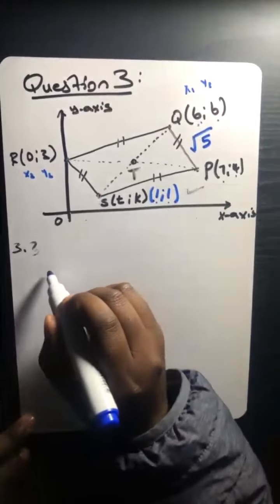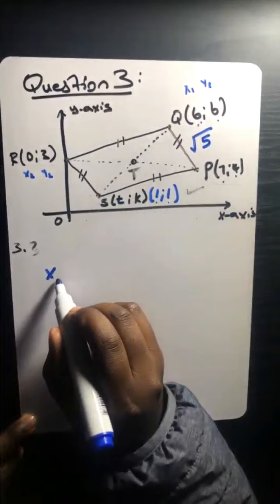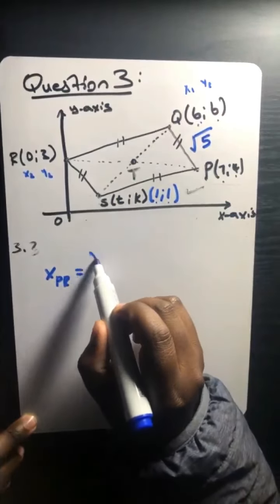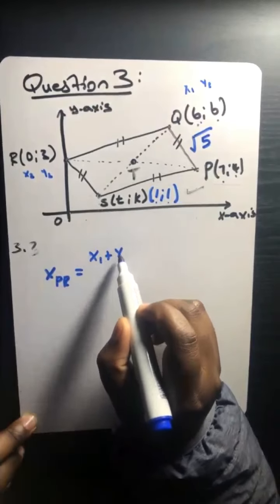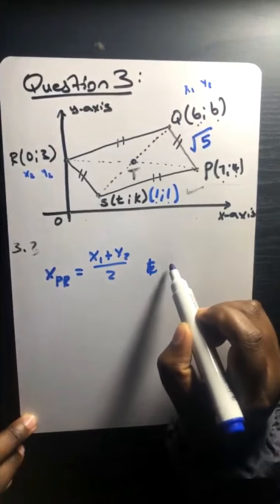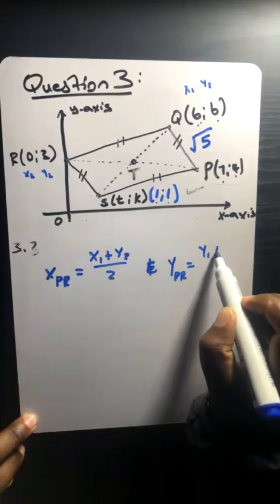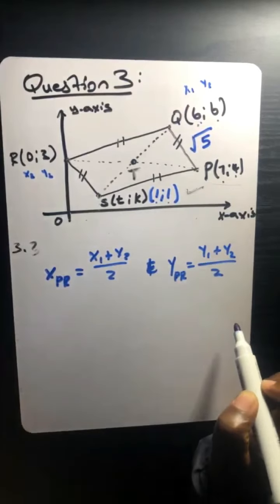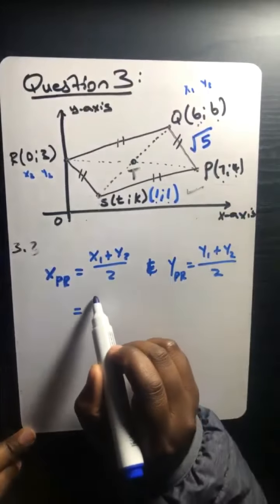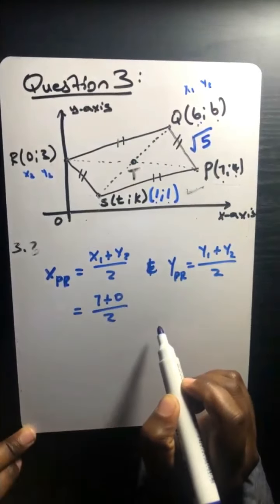So you are going to have the x of the midpoint of PR, which we know is x1 plus x2 divided by 2, and again, in terms of y for the midpoint of PR, it has to be y1 plus y2 divided by 2. So let's substitute, guys. What are we having here? 7 plus 0 divided by 2.